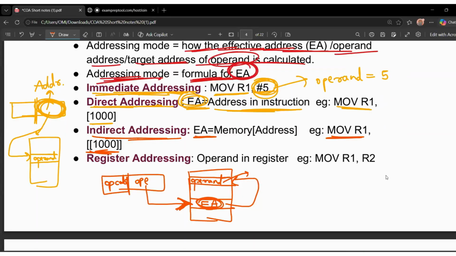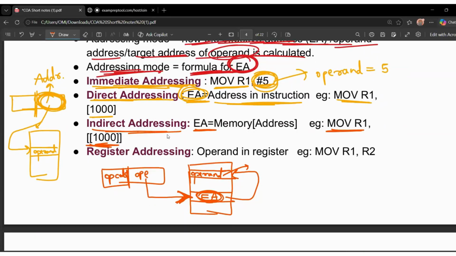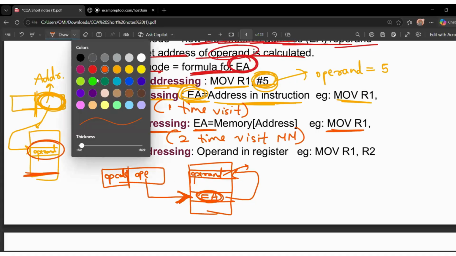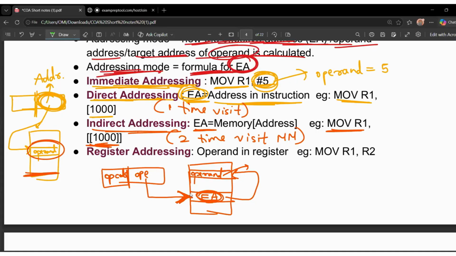So here we have to go two times. Two times we have to visit the main memory. Here you have to visit one time, but here we are accessing two times.